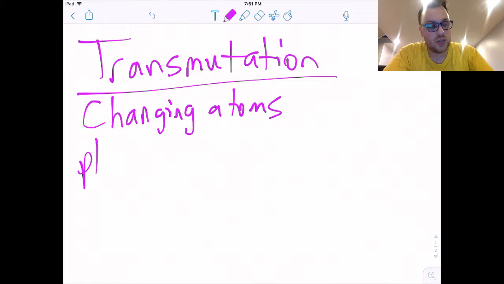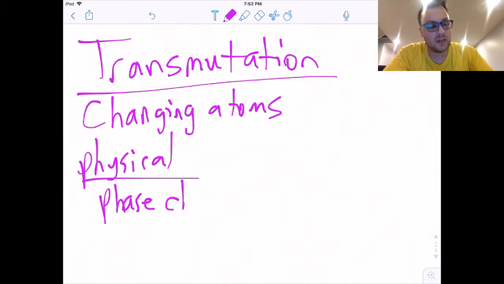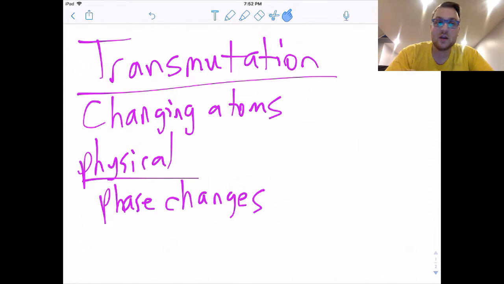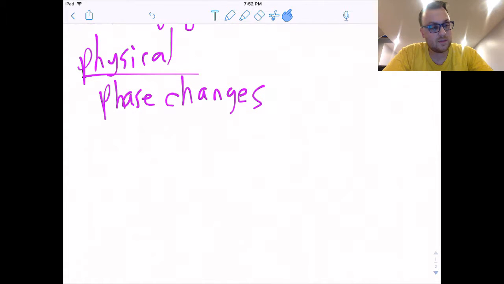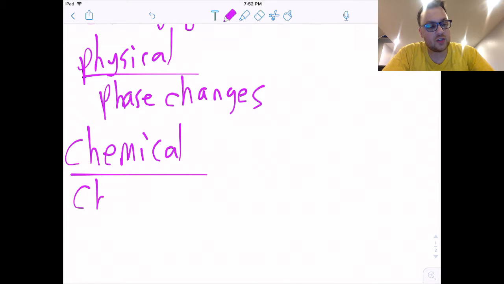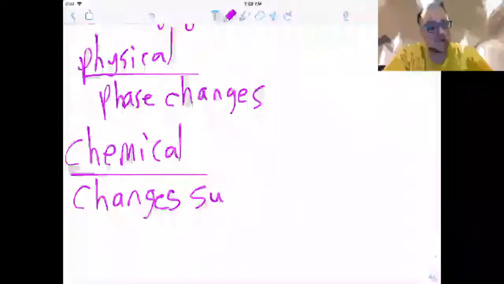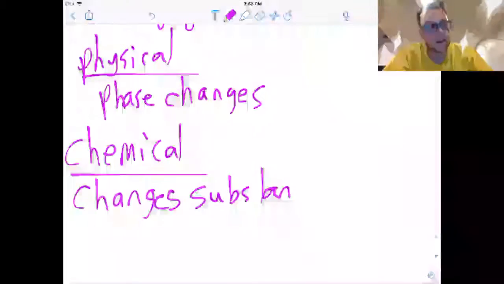A physical change is all about phase changes, melting, boiling, freezing, condensation, sublimation. Those are all physical changes. A chemical change changes the substance, but the atoms stay the same.